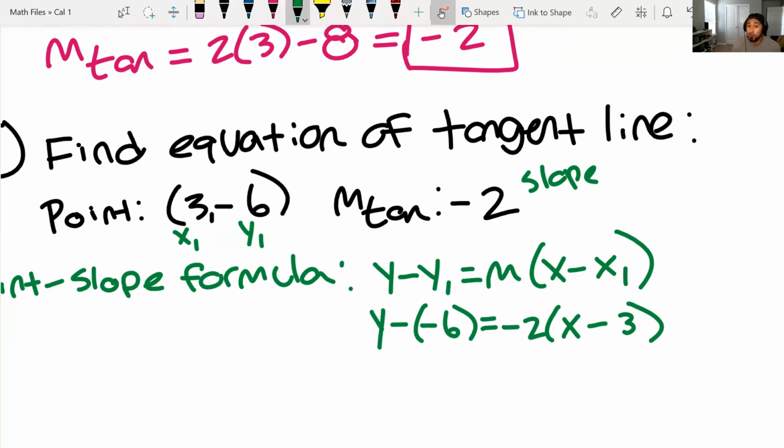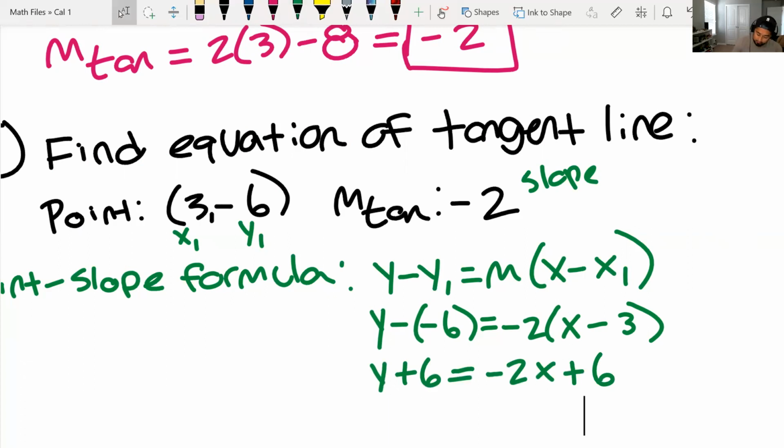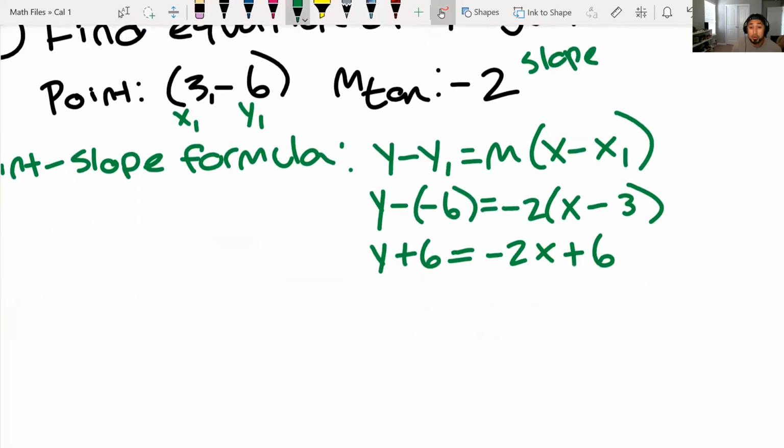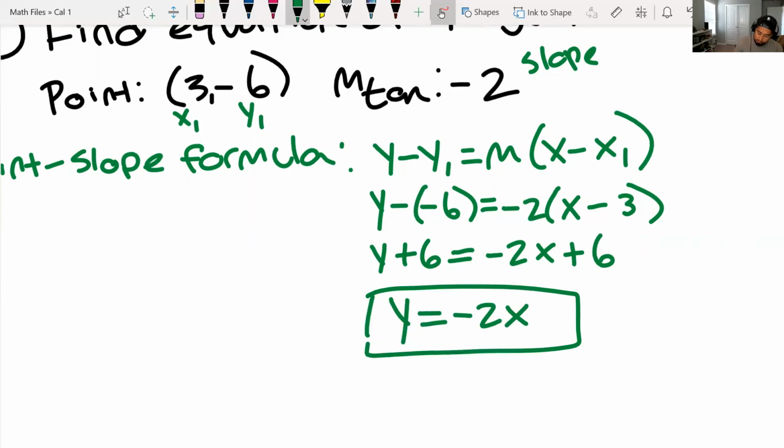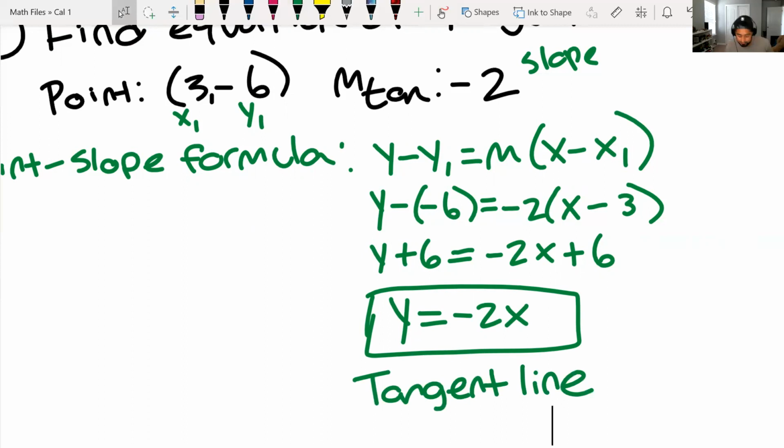Now all we have to do is solve for y. y plus 6 equals negative 2x plus 6. Move the 6 over, and we get y equals negative 2x. This is the equation of our tangent line.